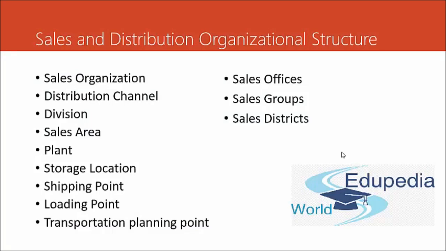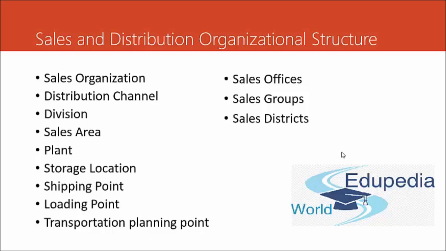In this lecture, I showed you how to set up an enterprise structure in the SAP Sales and Distribution module. I explained to you the various elements of an enterprise structure, their use, and their arrangement in the structure. We created a sales organization.